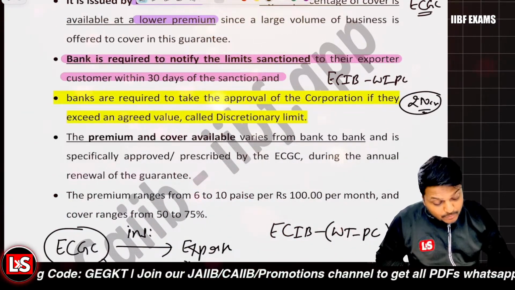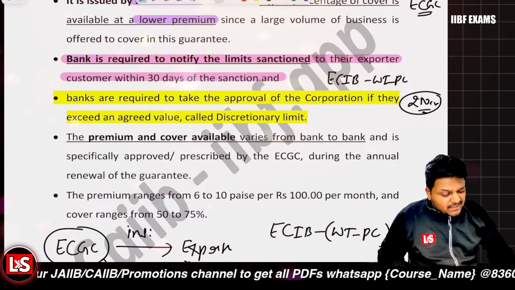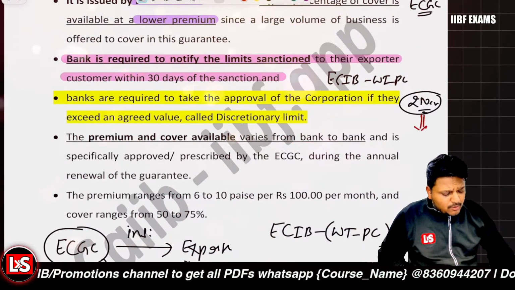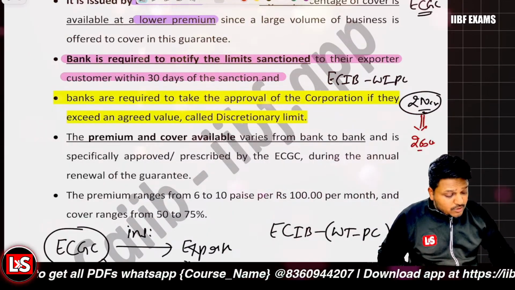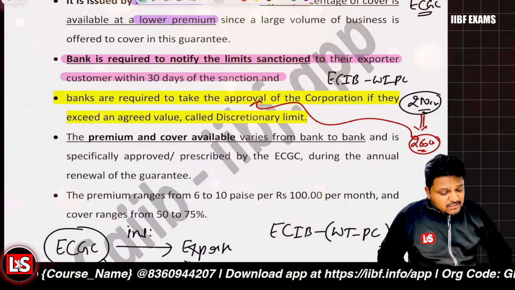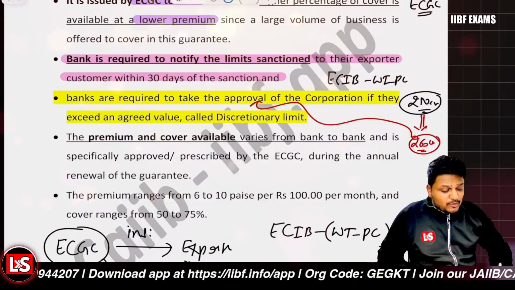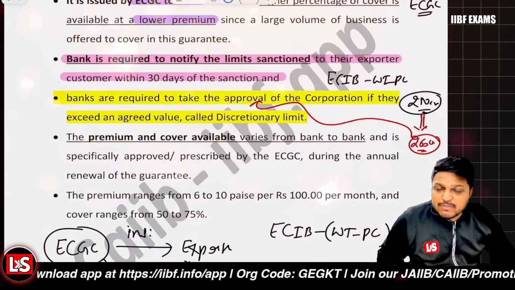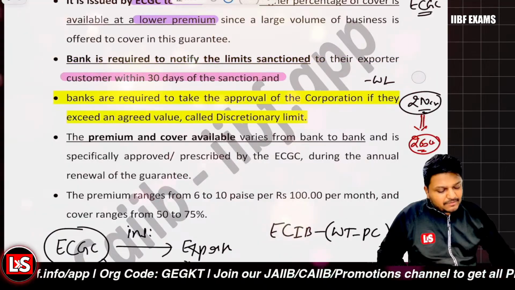Now the bank is exceeding this threshold amount and has sanctioned a total of 260 crore. The bank has to obtain approval from the ECGC, and the extra limit sanctioned is said to be the discretionary limit. Clear with it?